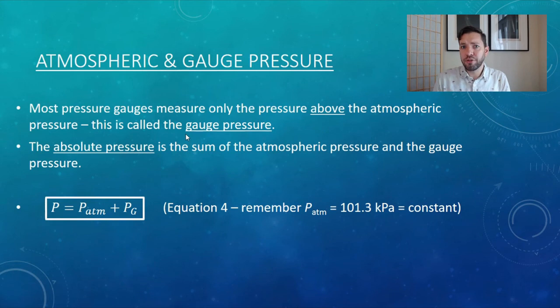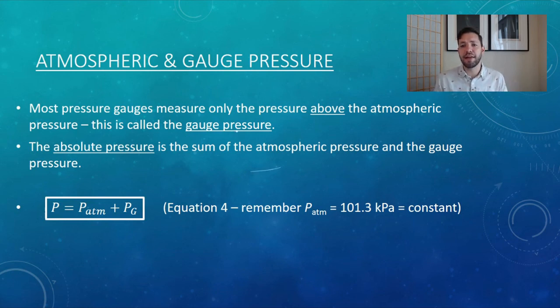That atmospheric pressure is a constant. And when you actually use a pressure gauge, like on the tires of your car or something, the reading that it gives you, the thing it actually measures, is not the total pressure. It's just the pressure above and beyond the atmospheric pressure. This is called the gauge pressure. So just keep that in mind.